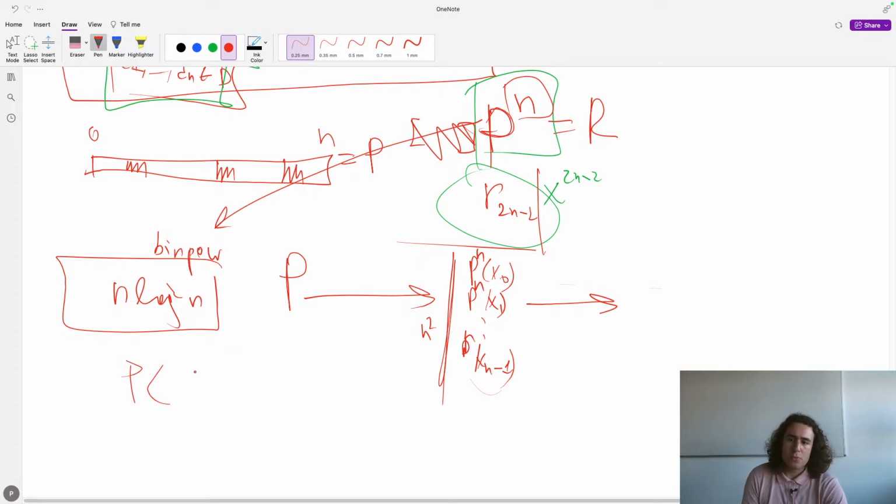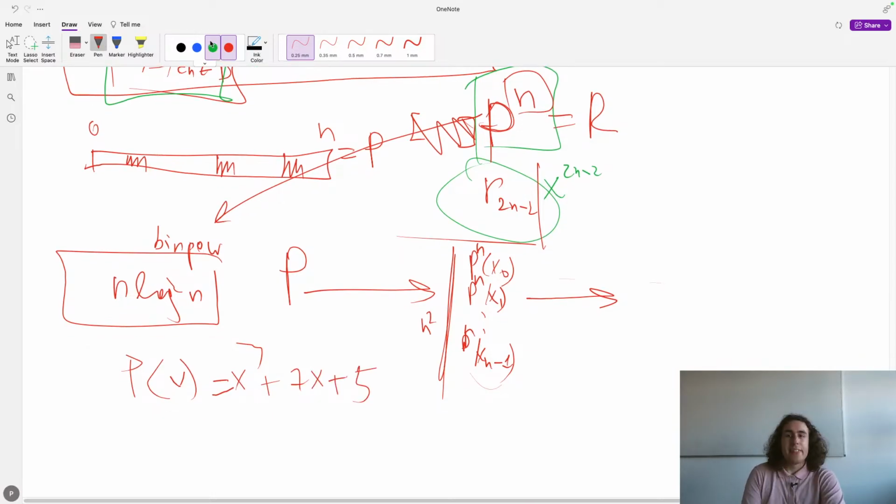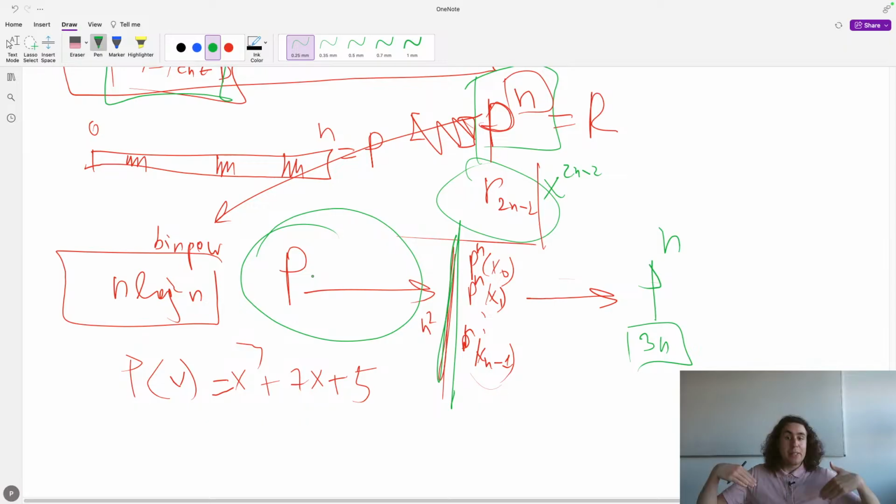Like if my polynomial was something like x cubed plus 7x plus 4, then it's going to work, because I need the number of points to be the degree of the final polynomial. But if the degree is constant, then the result's degree is at most 3n. So I can evaluate this polynomial in just 3n points, exponentiate all these points, and then go back. And then it will work in O of n log n time.